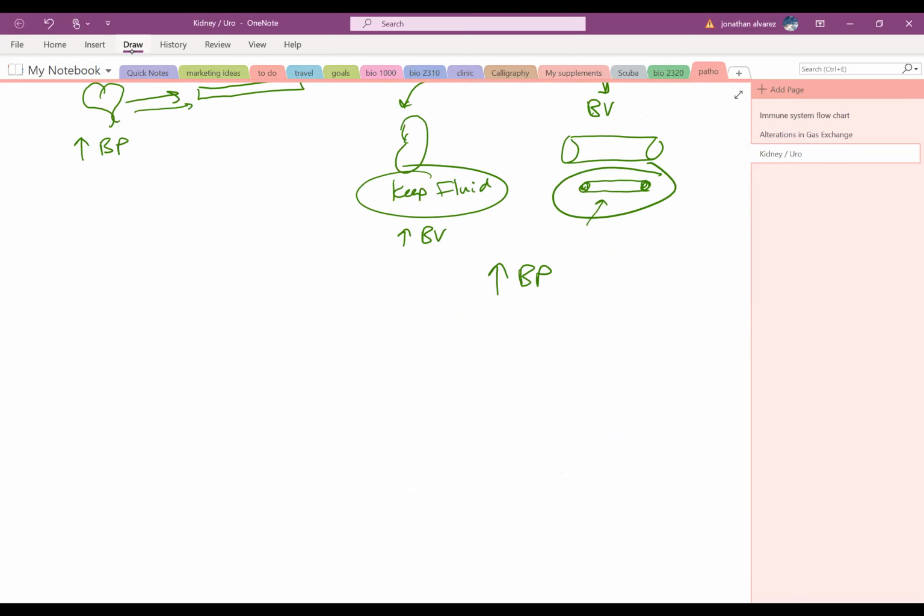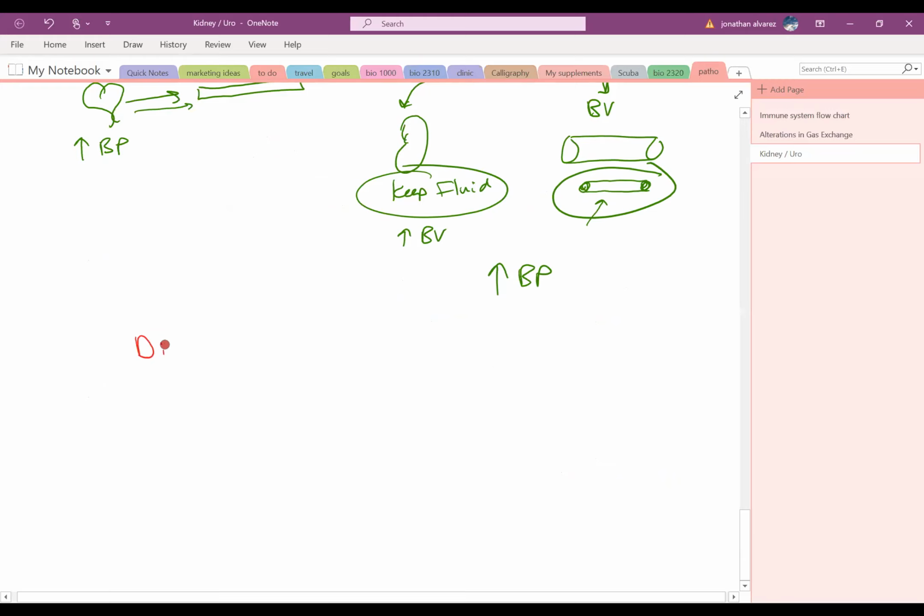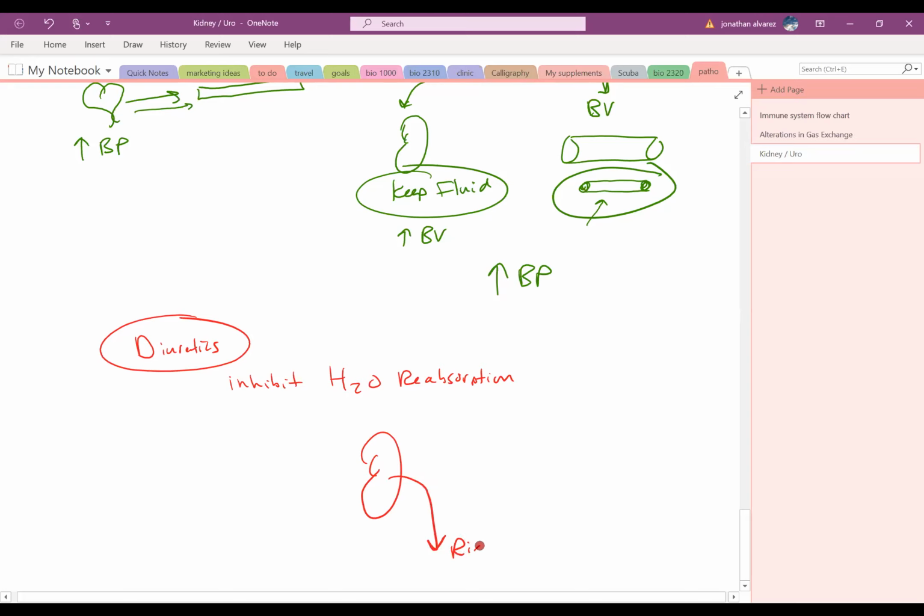Diuretics inhibit water reabsorption. So earlier we said the kidneys help you get rid of fluid, right?